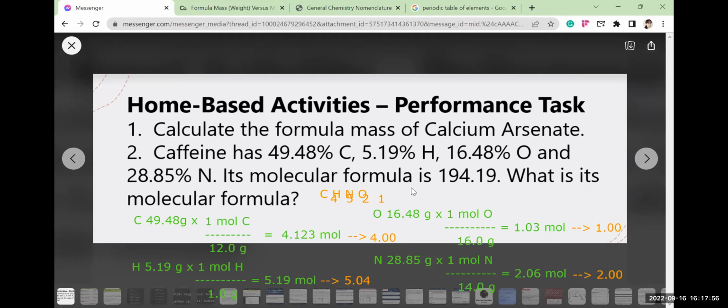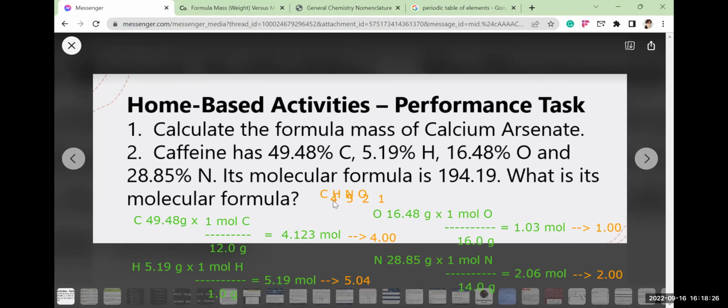So, we don't know whether this is the empirical formula or the molecular formula. Now, we need to find the mass of this formula. So you have 4 moles. So get the mass of this formula.